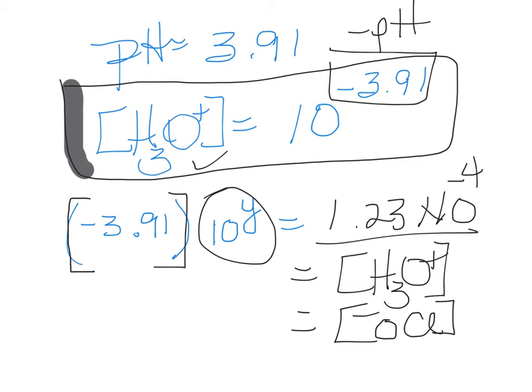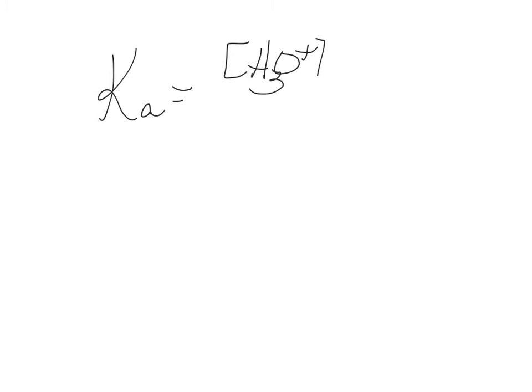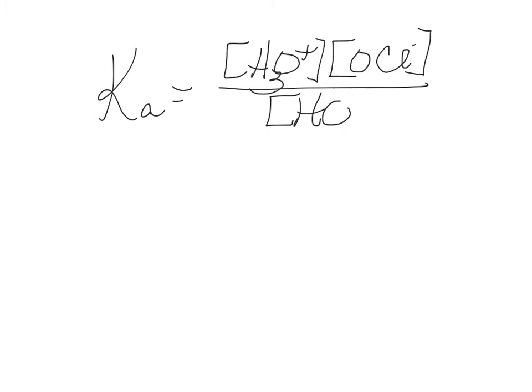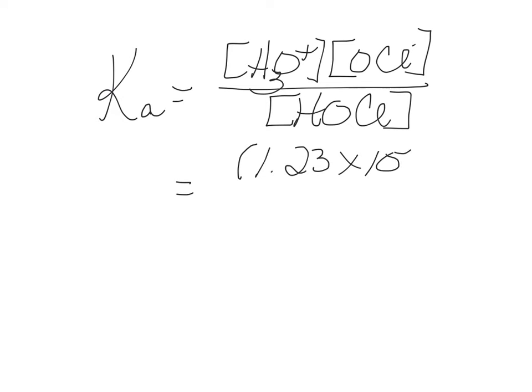So let's go ahead and plug this value into our Ka expression. Ka, again, is always the concentration of the hydronium ion times the concentration of the conjugate base over the concentration of the original weak acid. We just found out that the concentration of hydronium ion and of the conjugate base is 1.23 times 10 to the minus 4.